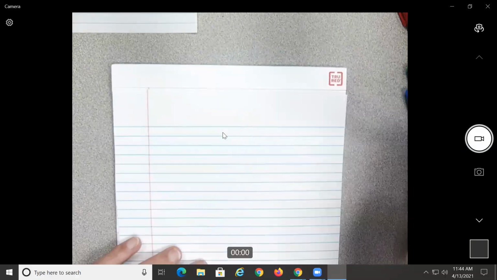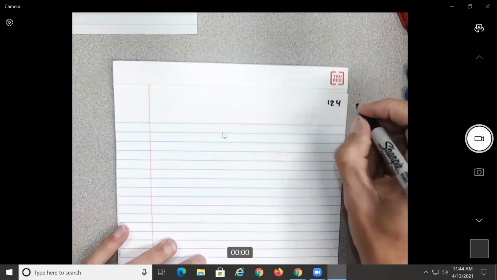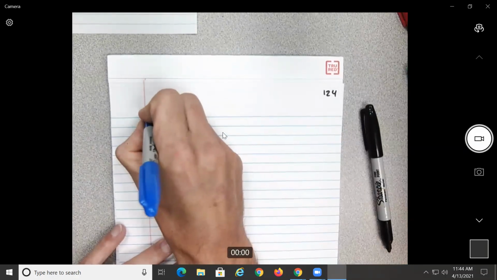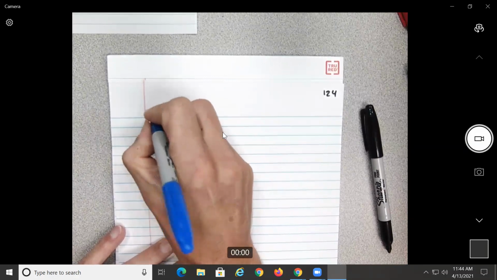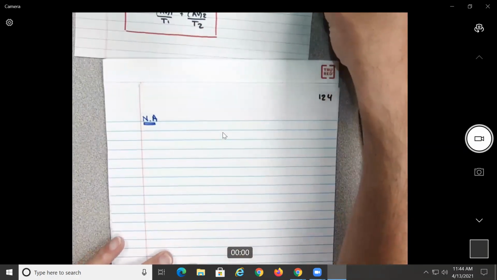And let's check the units. Okay, so numerical application.